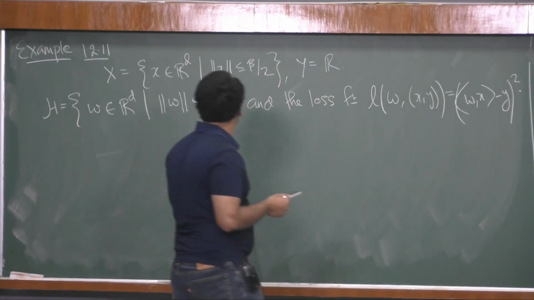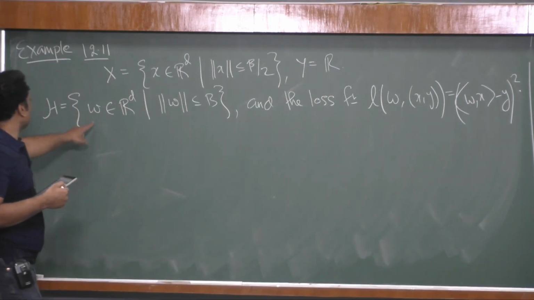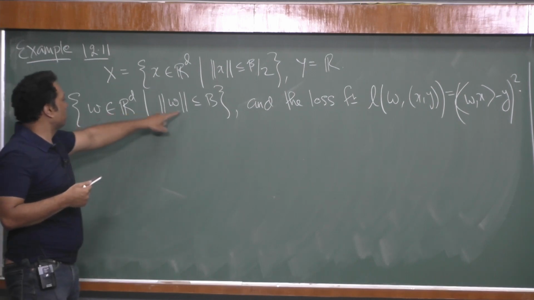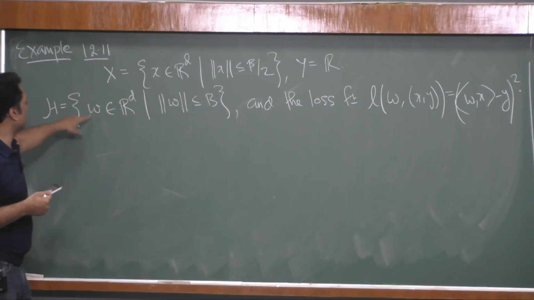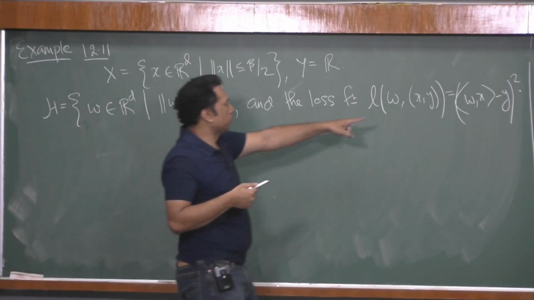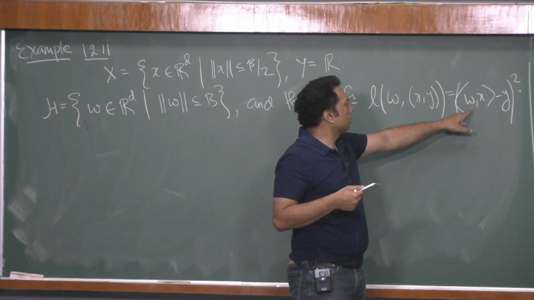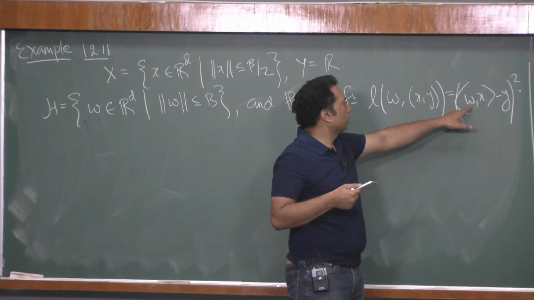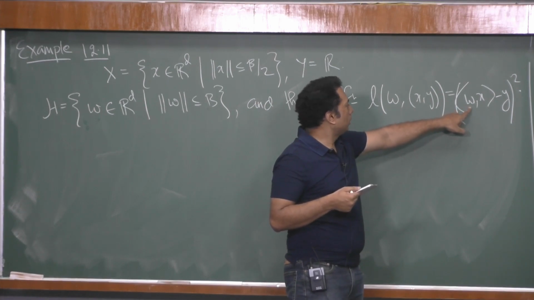So H is a convex set. So this set of all w such that the norm of w is less than or equal to B, you can show that this is a convex set. And the loss function, this is a convex function, right? In this case it's differentiable, so you can take the double derivative also, and the Hessian will be non-negative.